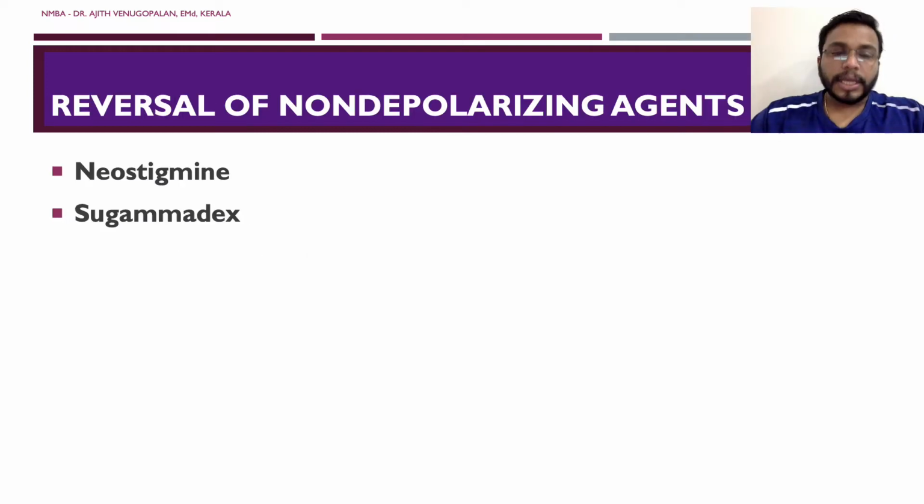Now let's move on to reversal of non-depolarizing agents. Why do you need a reversal agent? Basically, in certain situations, we have gone for an intubation, we have given the drugs, both the induction agent and the paralytic agent. But once you go in for intubation, we cannot intubate. So there is a possibility of cannot intubate situations.